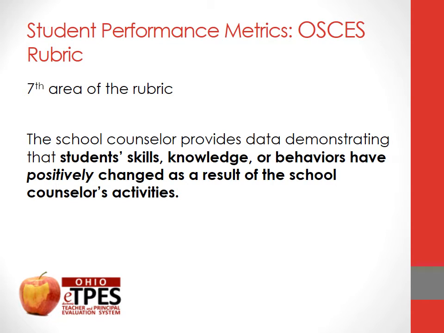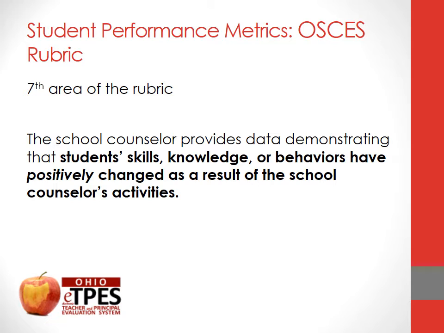The evaluation rubric does include a seventh area. This seventh area focuses on the metrics of student outcomes. The school counselor will provide data demonstrating that students' skills, knowledge, or behaviors have positively changed as a result of the school counselor's activities. The school counselor must clearly demonstrate the ability to positively impact student outcomes.